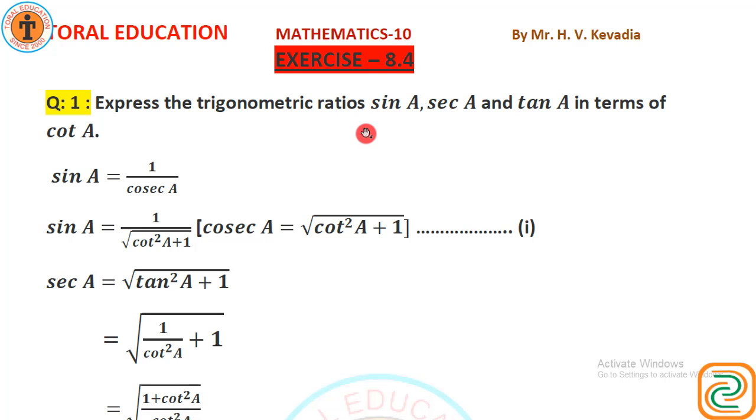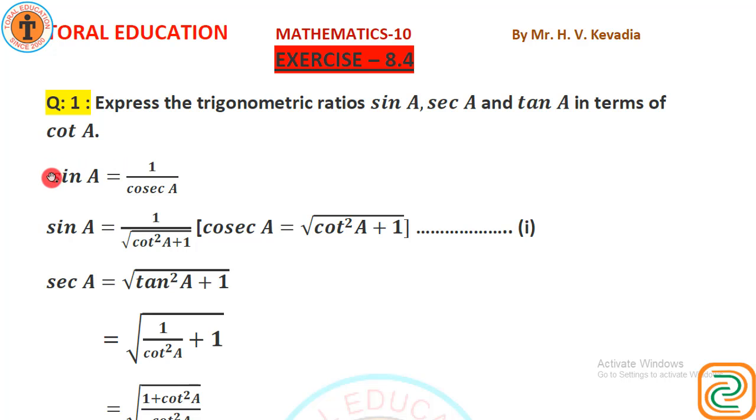You can see the formulas in the textbook also. There are so many formulas which you will remember, and you can convert all the trigonometric ratios into other trigonometric ratios. So sin A, sec A and tan A are given. We should convert them into cot A.